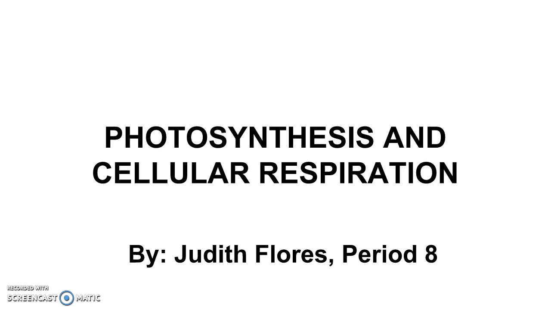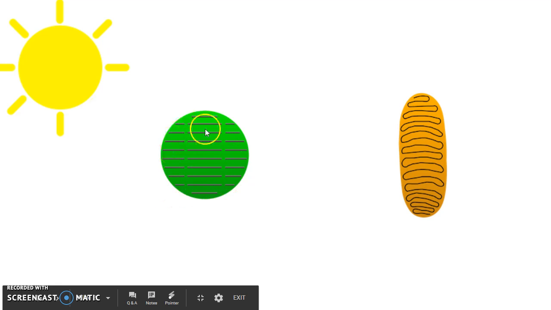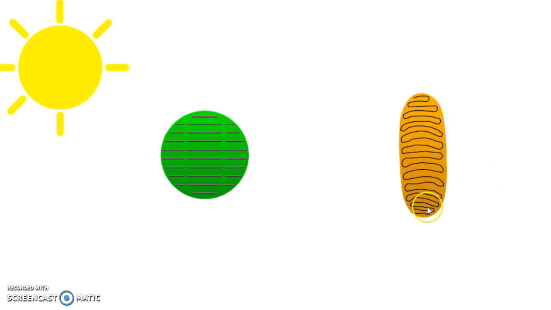Today we're going to be talking about photosynthesis and cellular respiration. As you can see, there is a yellow blob up in the left hand corner, and there is a green blob more towards the middle, and there is an oval shaped orange blob in the right.